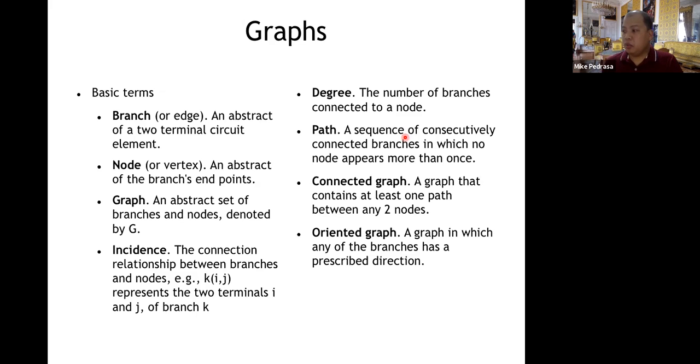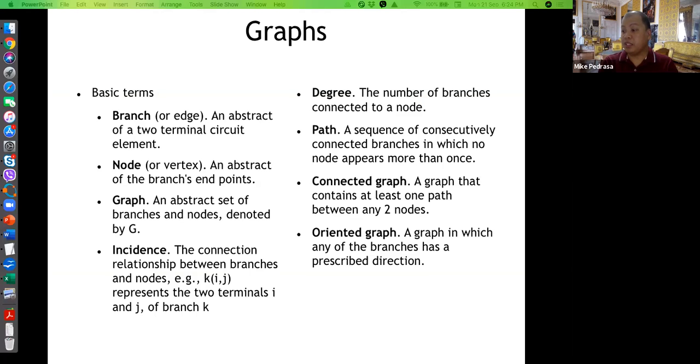Okay, so what you can see here are just some definitions. Okay, don't worry guys, kasi these definitions will come with examples. Okay, so take note that a network is an interconnection of several components, and then put together, they are to deliver or achieve a certain function.